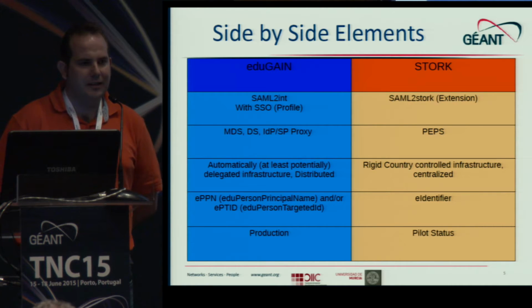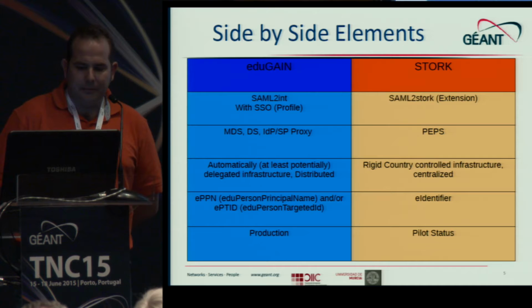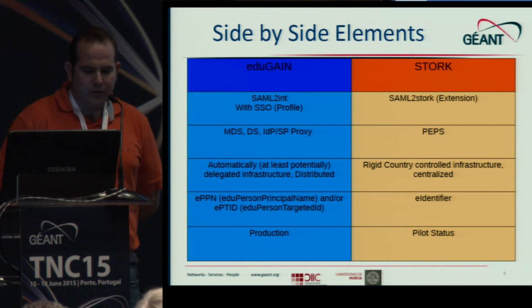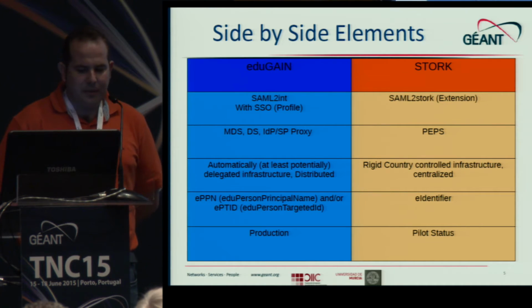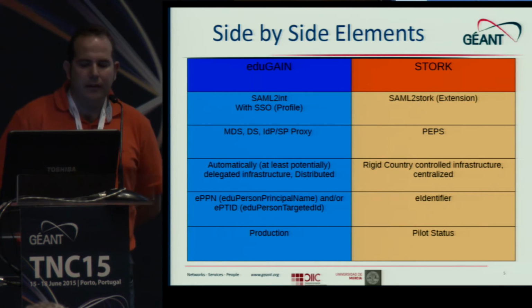Each country manages its own IDP, and that's where all the users in that country come from. eduGAIN uses the eduPersonPrincipalName or the eduPersonTargetedID as the main attribute to identify a user, right? Meanwhile, STORK has the e-identifier, which is defined per country.